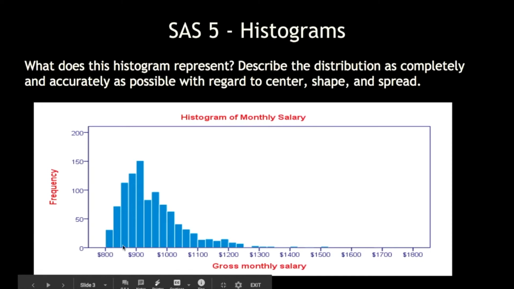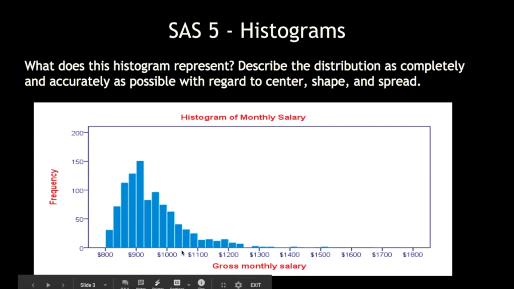It's separated into $25 increments. There are 4 increments in every one, so 800, 825, 850, 875, 900. Yes, that's correct. So it's in $25 increments.